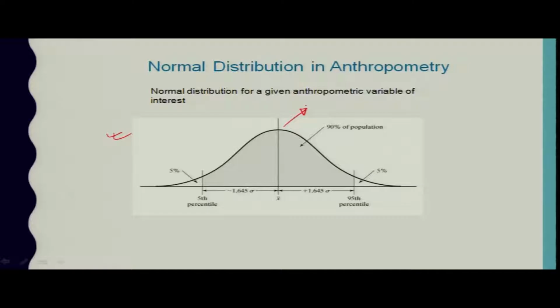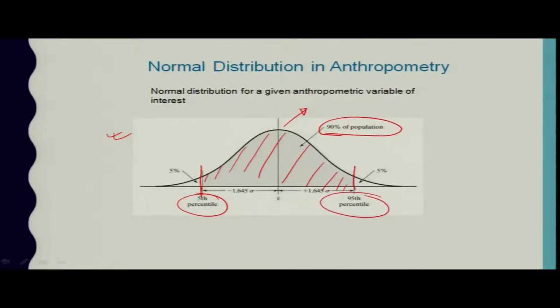This graph follows a normal distribution curve, and this portion captures 90% of the population information. This bar shows the 5th percentile value, and from the right side this is the 95th percentile value.